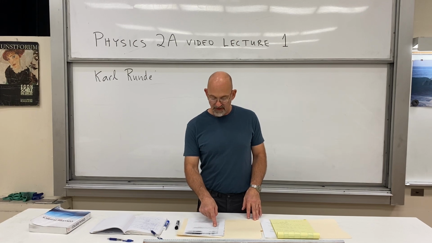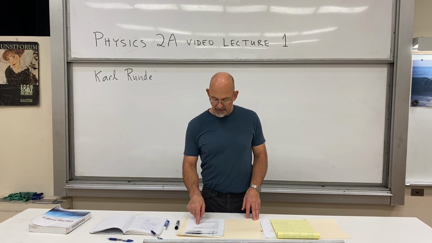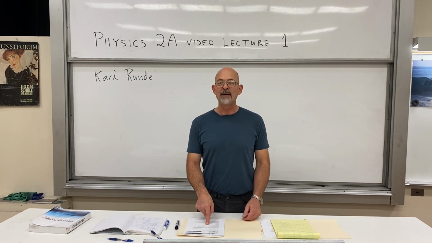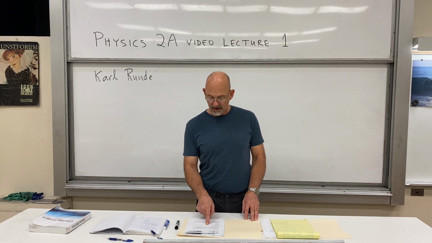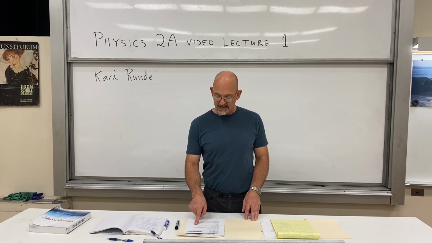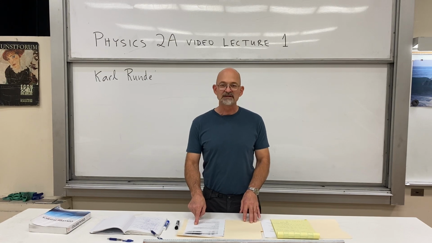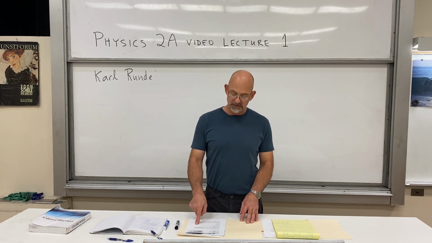Then I have exams already scheduled, including the final exam. And then it gives the weighting of all these scores: the homework 10%, the lab 15%. The lab instructor will send me your lab score, and then I'll fold it into the main grade. Midterm exams and the final exam. The final exam's worth a lot, so there's always hope.